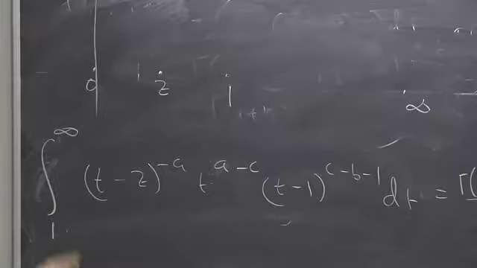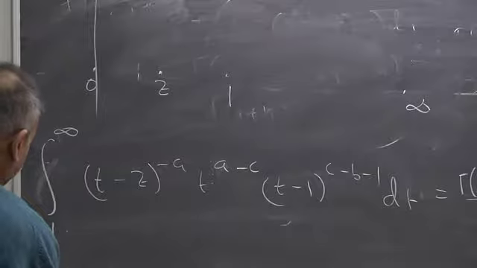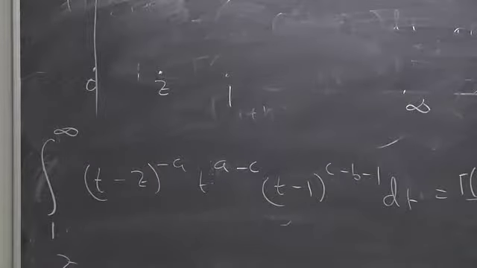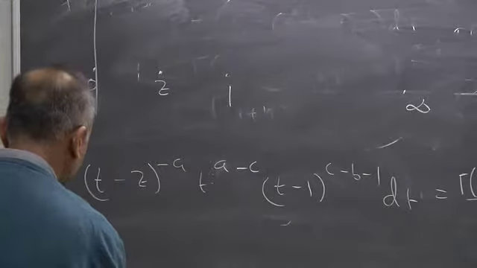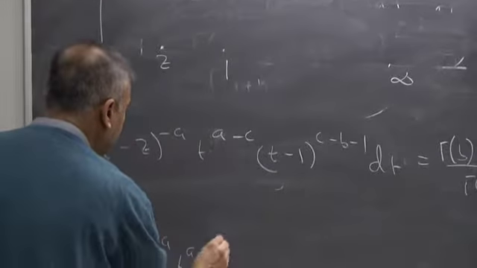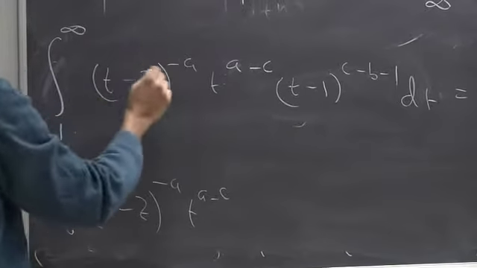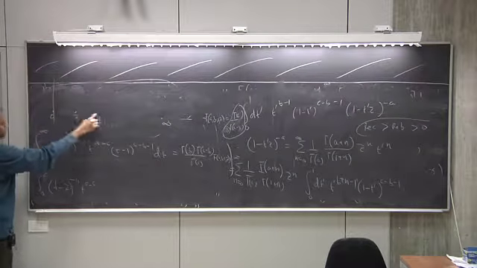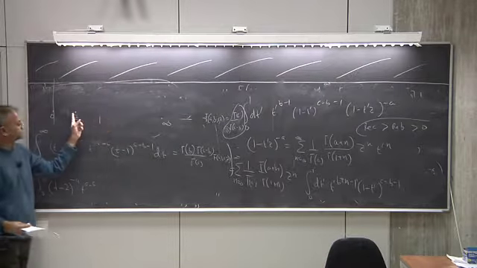So, for example, suppose I do 0 to z. Again, I'm not going to worry about the overall constants. This is basically (t minus z) to the minus a, t to the a minus c. I will take z to be between 0 and 1, for convenience, putting everything on the real axis.